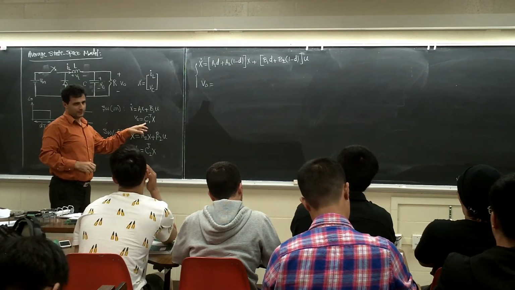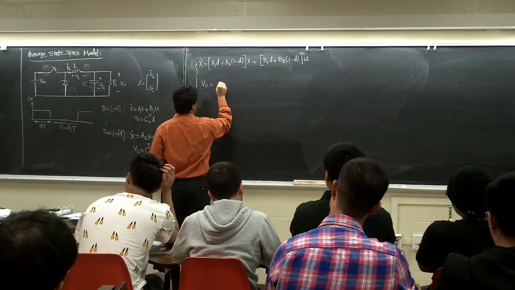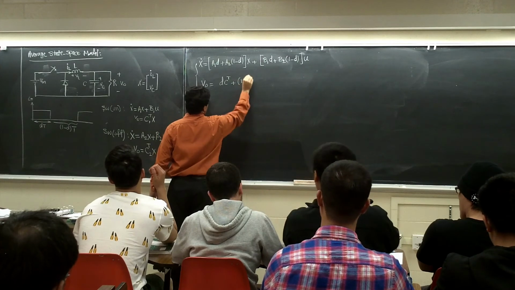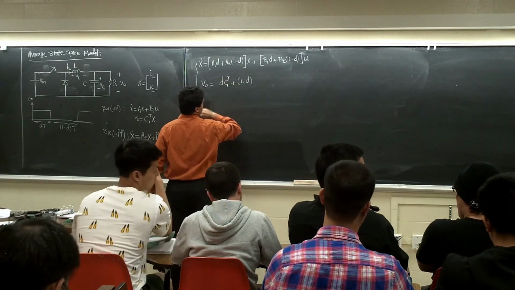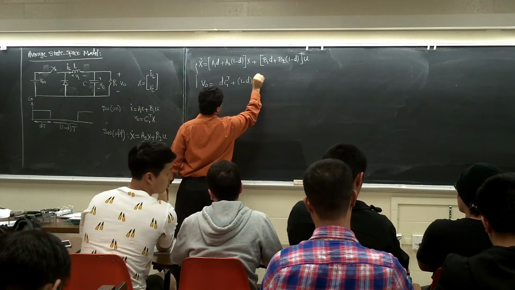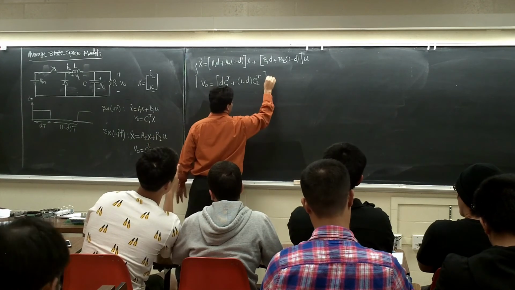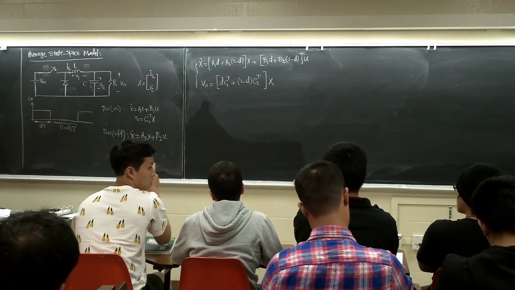D for this one, 1 minus D for this one, right? So it's going to be D C1 transpose and C2 transpose, right? So this equation, I can average it out.